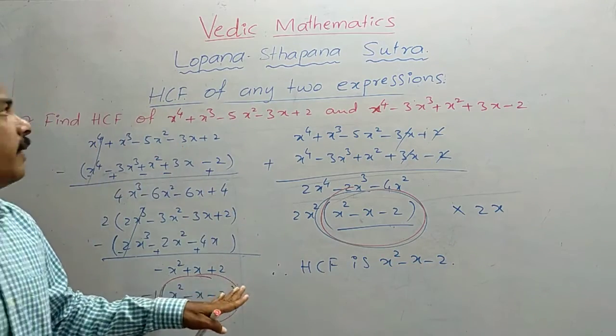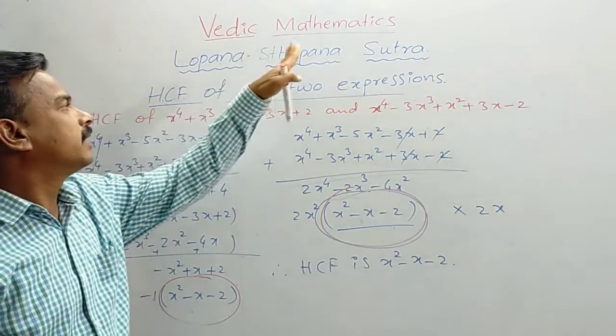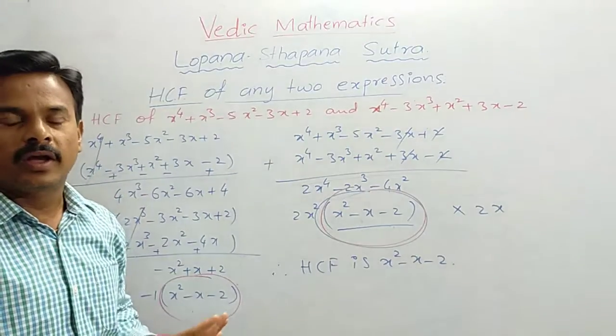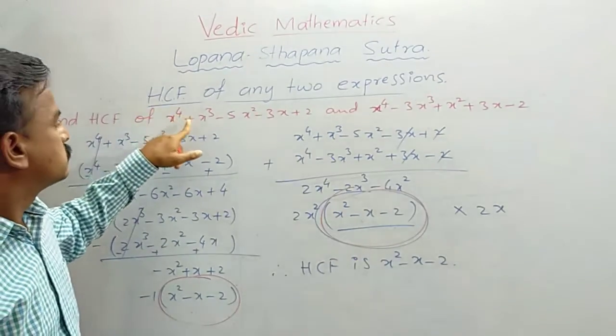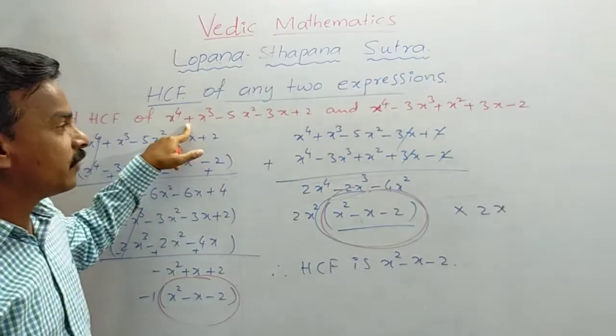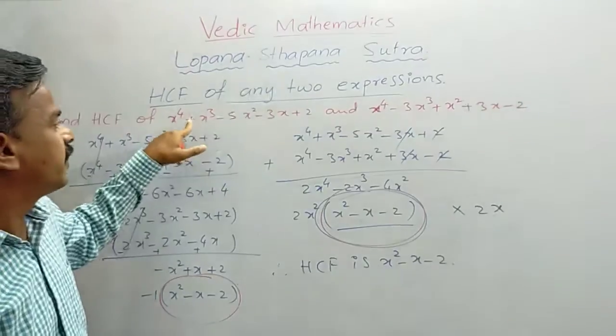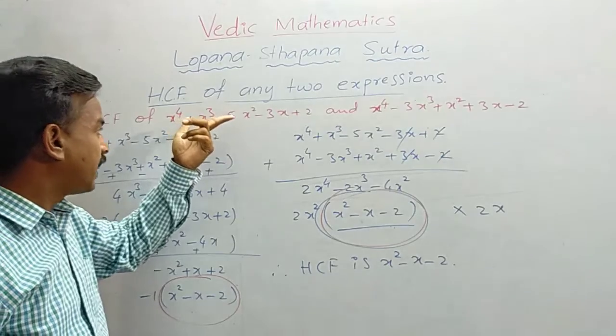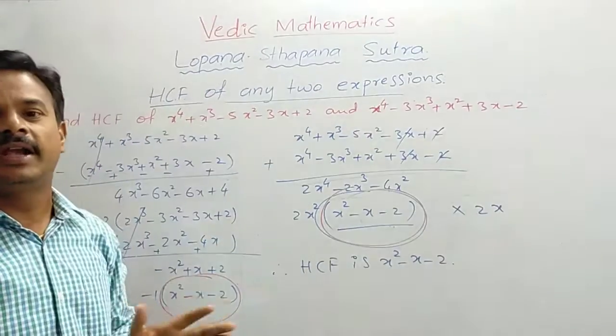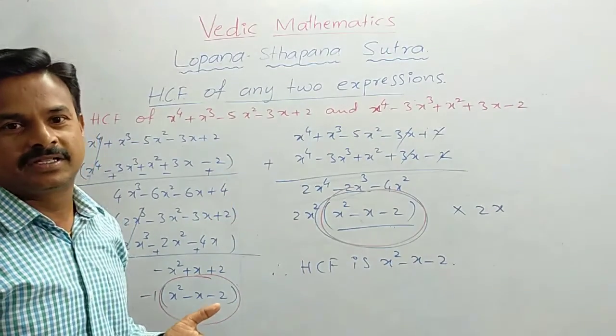Okay, this is the method of Lopana Sthapana Sutra. In the current method, if you want to find the HCF of these two expressions, factorization of one expression alone takes 10 minutes.